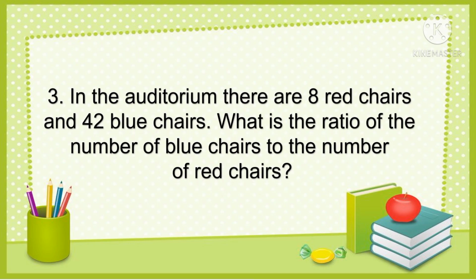Number 3. In the auditorium, there are 8 red chairs and 42 blue chairs. What is the ratio of the number of blue chairs to the number of red chairs?